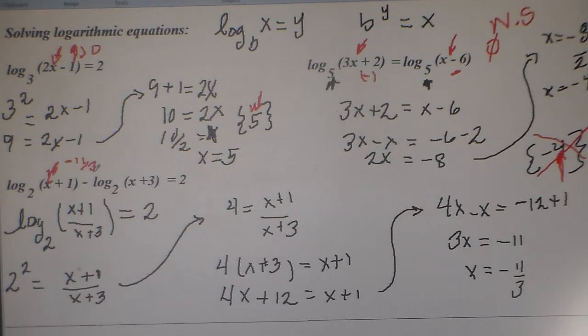Negative 11 over 3 is negative 3.67, which is bigger than 1 in absolute value, so this will be logarithm in base 2 of negative 2.67. And the problem is that we have the logarithm of a negative number, and for that reason we must reject the solution. In this case, again, we have no solution, or the solution is the empty set.